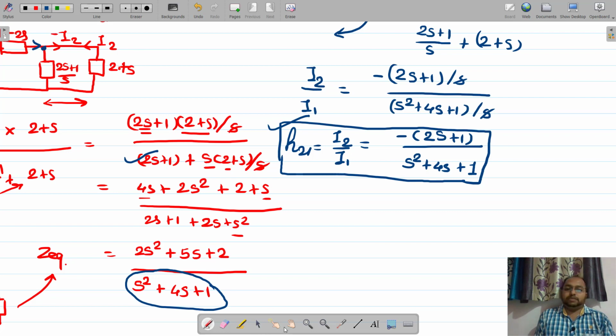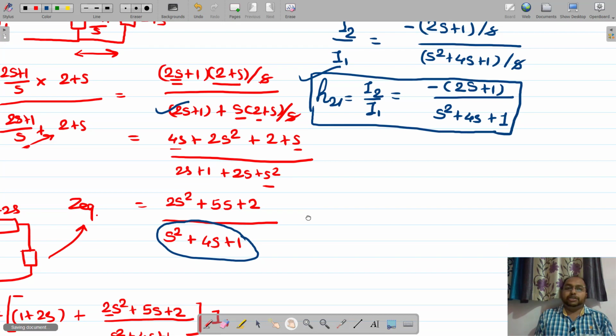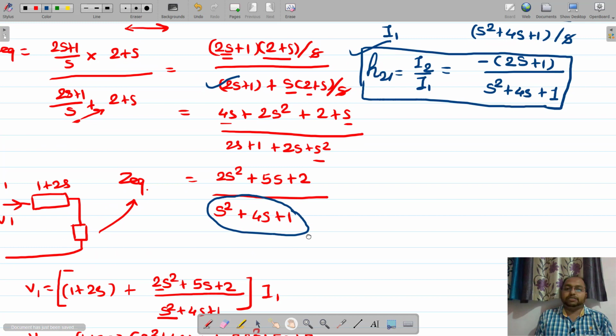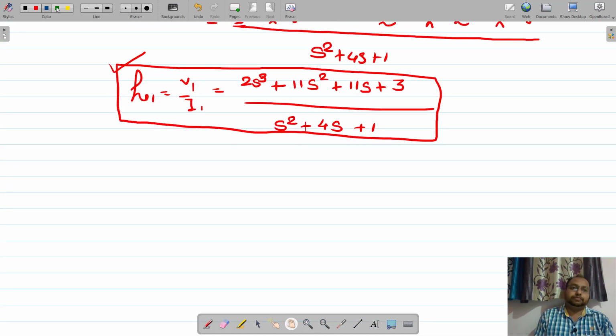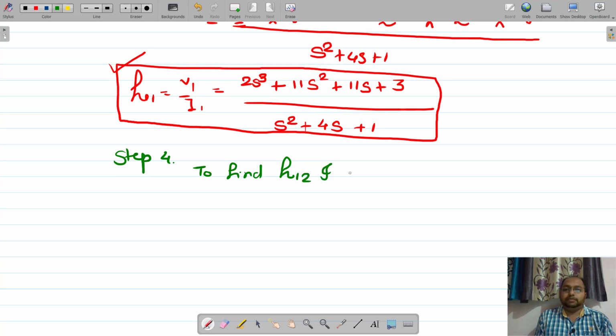Now next, you need to find out the other two parameters. So let us go for step number 4, to find h12 and h22. What we need to do? We need to set I1 equal to 0 by open circuiting port 11 dash.